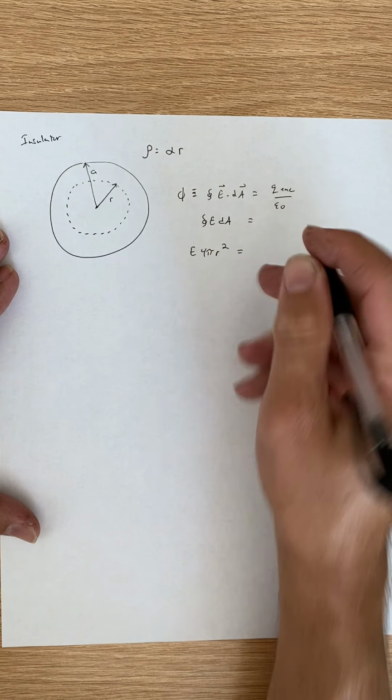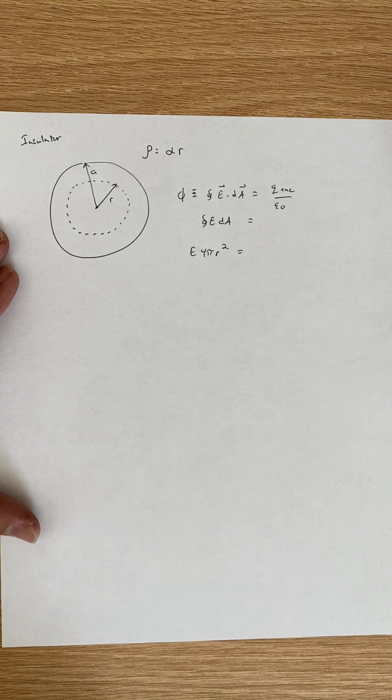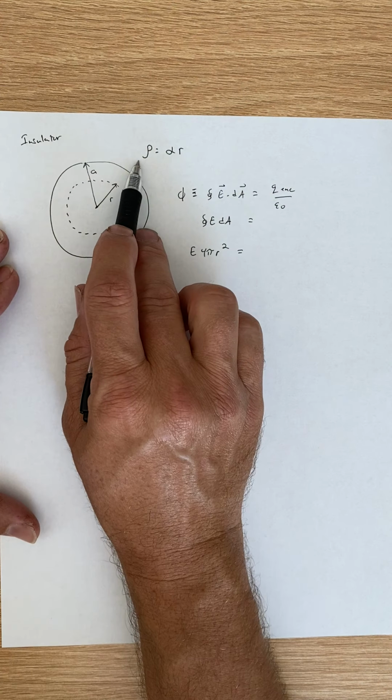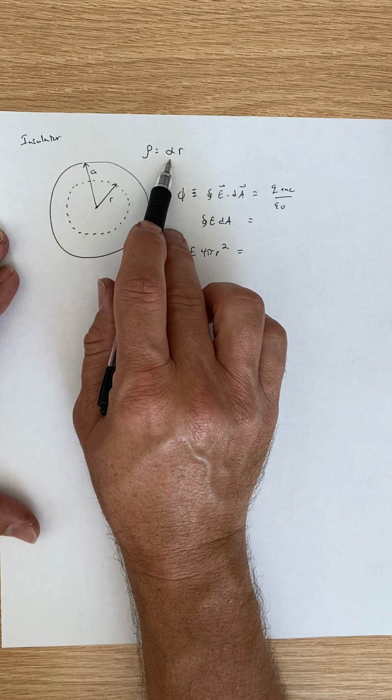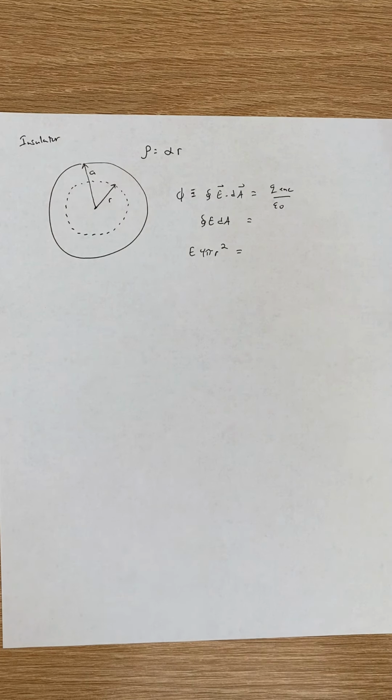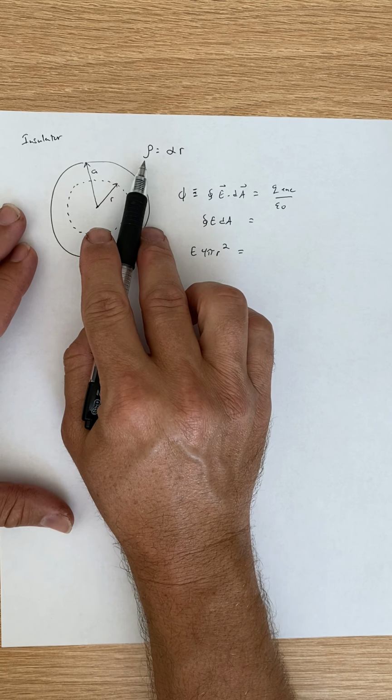The challenge here is determining how much charge we have enclosed in my Gaussian sphere, because I've got this charge density, which is a function. But I still remember that anytime I need to undo a density, I just multiply by what the density is formed with. In this case, this is a volumetric density.